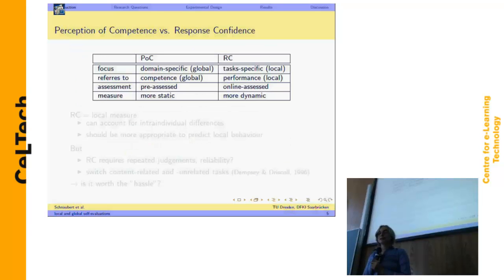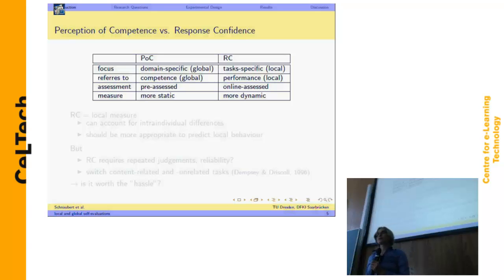So let me compare shortly these two concepts. They both are kind of self-evaluations, but of course they're really different. The focus of perception of competence is domain specific, while response confidence really refers to a certain task. And while with perception of competence the student evaluates their competence, response confidence is performance-based and, as I said, task-specific.